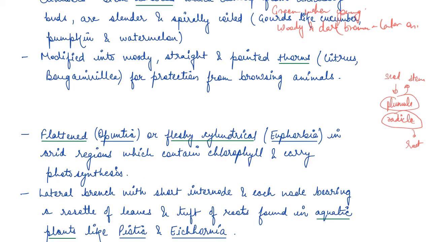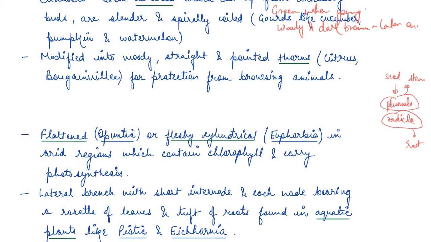In the same way, there are some underground stems like grass or strawberry, where the stem spreads into new nodes, and when the older parts die, new plants are formed from that. So they help in vegetative propagation as well.